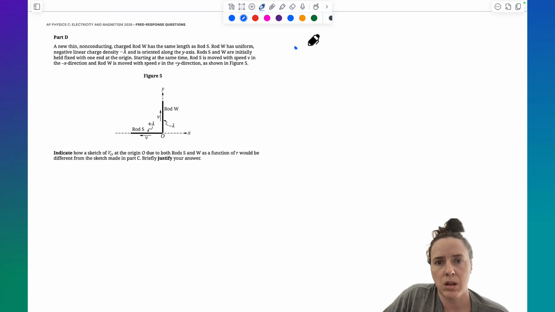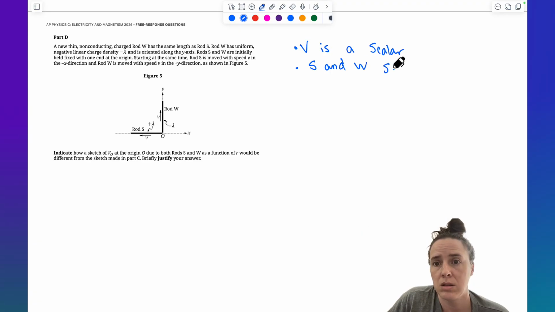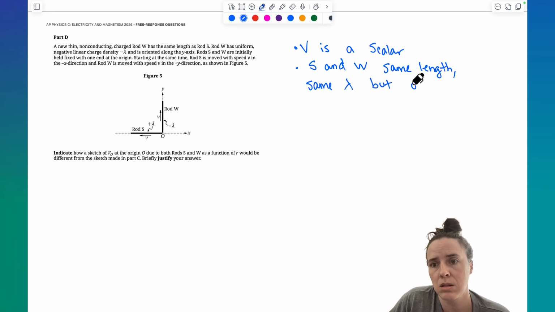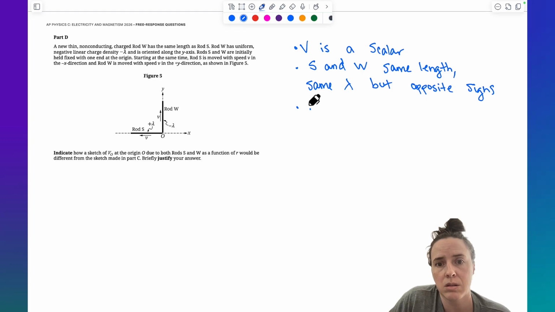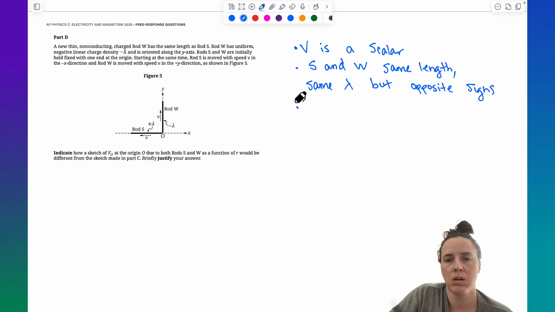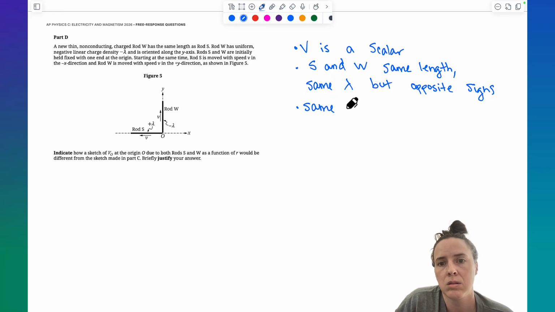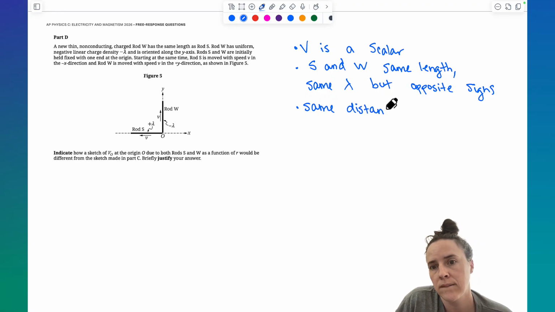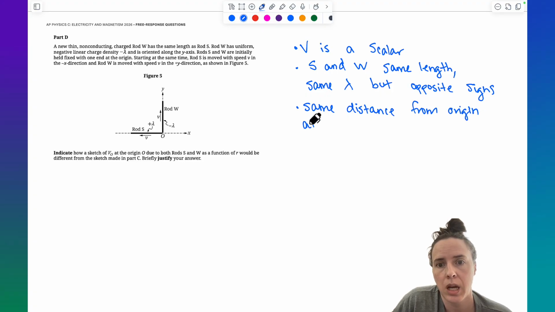Okay, so this one you need to remember that potential is a scalar. Since rod S and W are the same length, they have the same lambda but opposite signs, and they're going to be the same distance away from the origin at any given time.